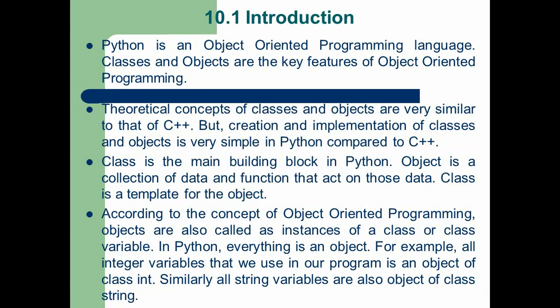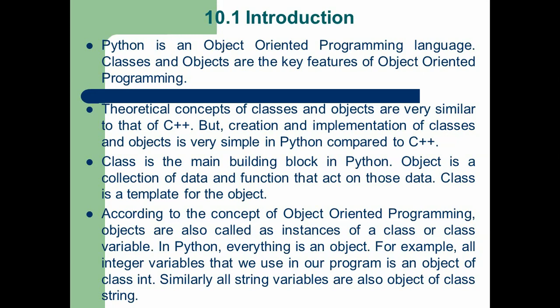So, what is an object-oriented programming language? This is the technique where we look at all the things as objects. This is a theoretical concept where five important concepts are used in object-oriented programming: class, object, encapsulation, polymorphism, inheritance.